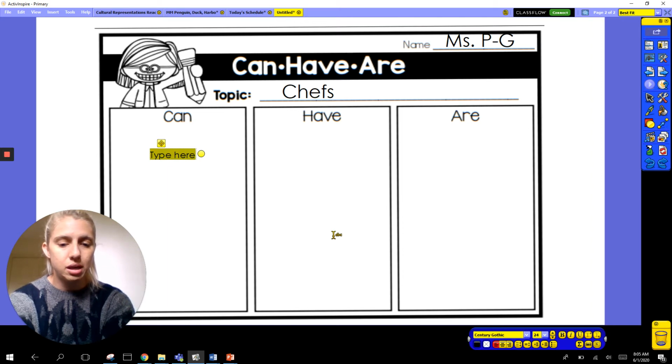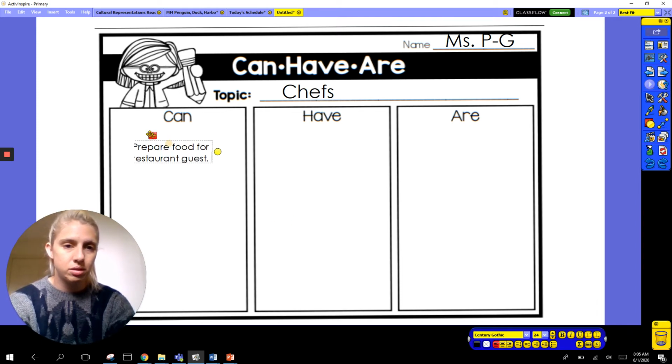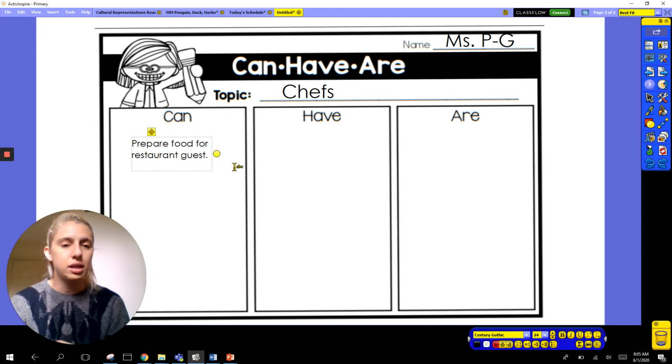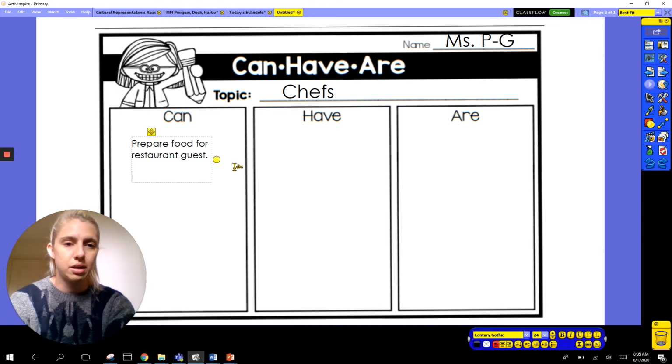Let's see. Chefs can prepare food for restaurant. So I'm starting my sentence with can and thinking about what they can do. Chefs can, chefs can.